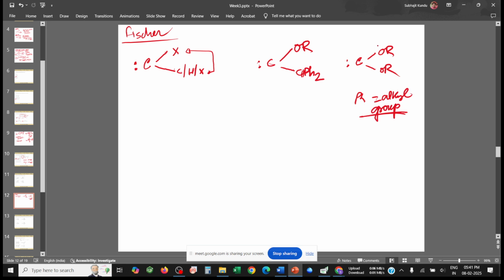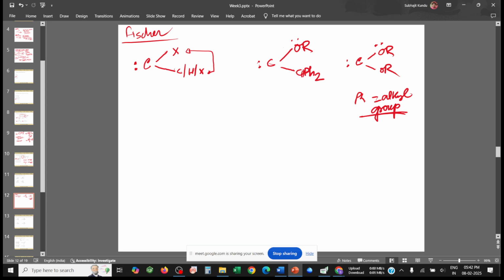So now we can see that if we have this heteroatom, let's say oxygen, you can have sulfur also, you can have nitrogen also. So all the heteroatoms in their neutral form have lone pairs of electrons, and they are more electronegative.